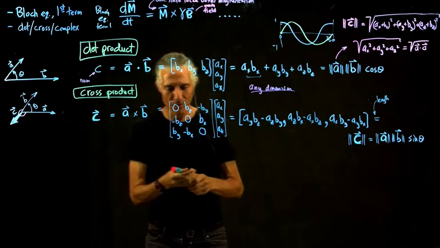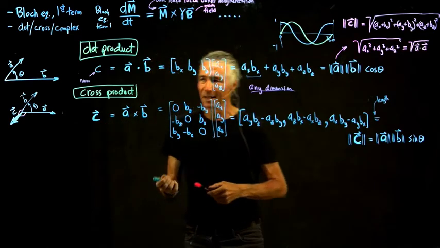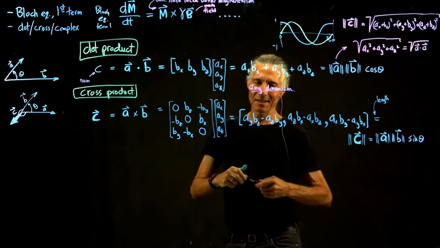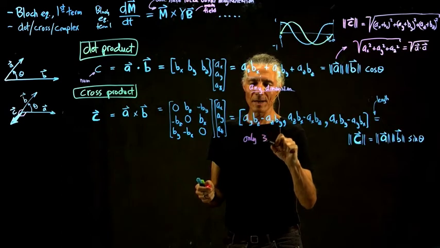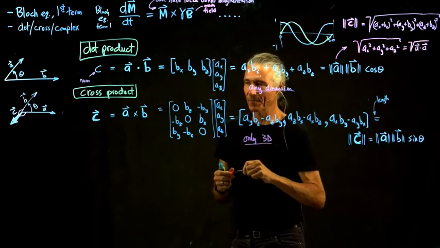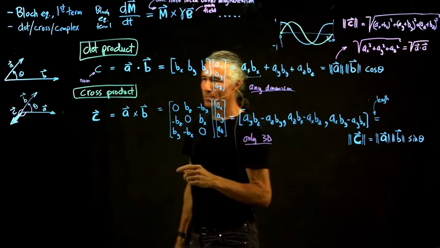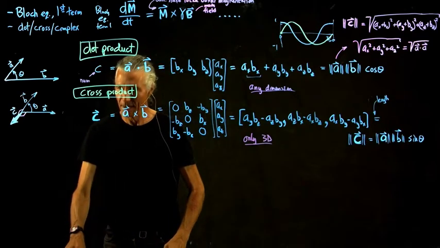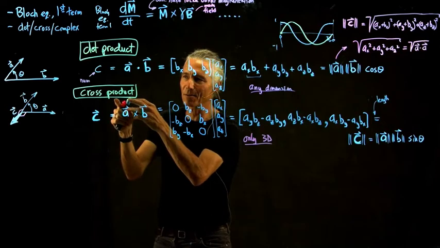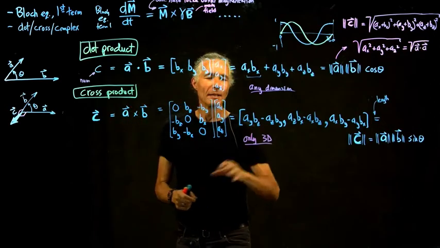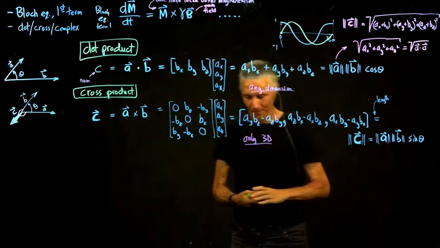And why do they use cross products? Because they're really handy. It's kind of a really handy hack. One thing about it, however, is it's only 3D. This only works in 3D, the basic cross product. Now if you do geometric algebra, then we can generalize something that's kind of like a cross product into more dimensions. But this one only works in 3D.